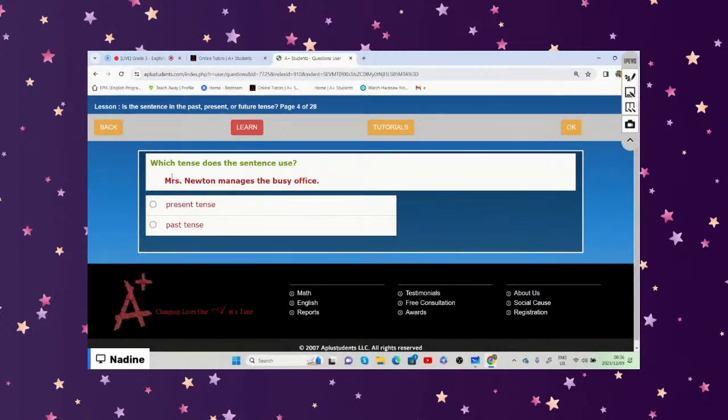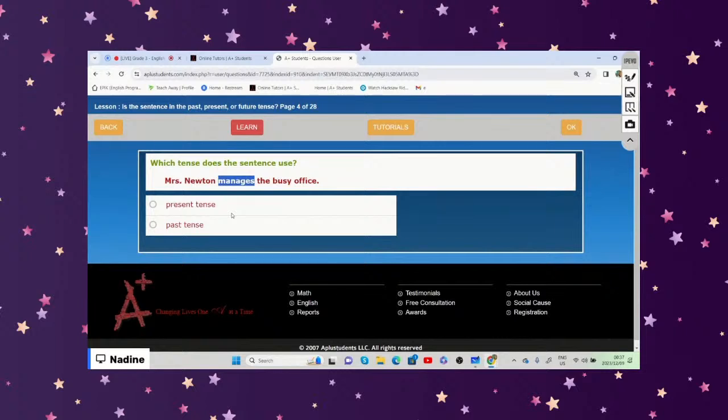Mrs. Newton manages the busy office. So Mrs. Newton manages the busy office. Is that in the present tense or is that in the past tense? And think of when we were doing the lesson.